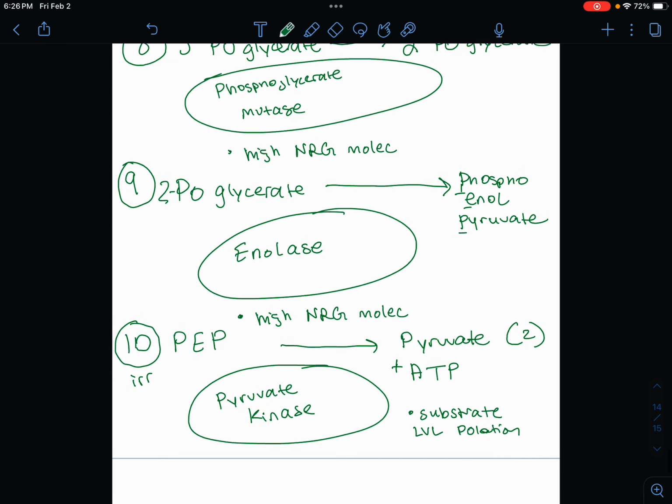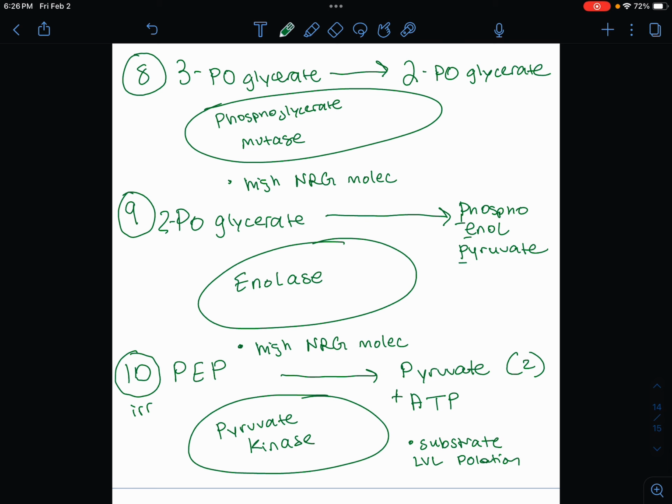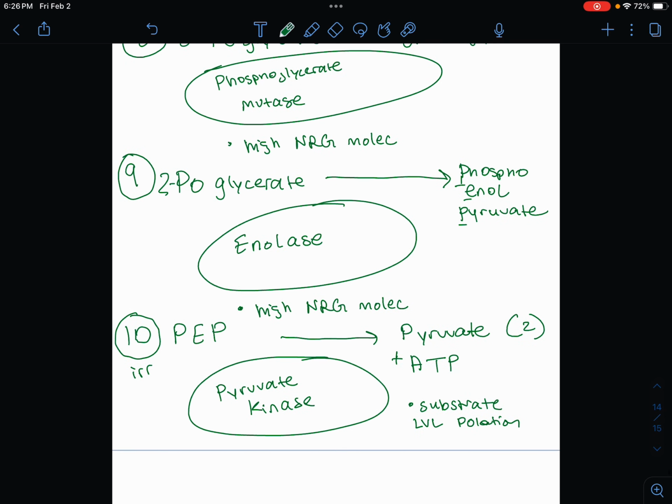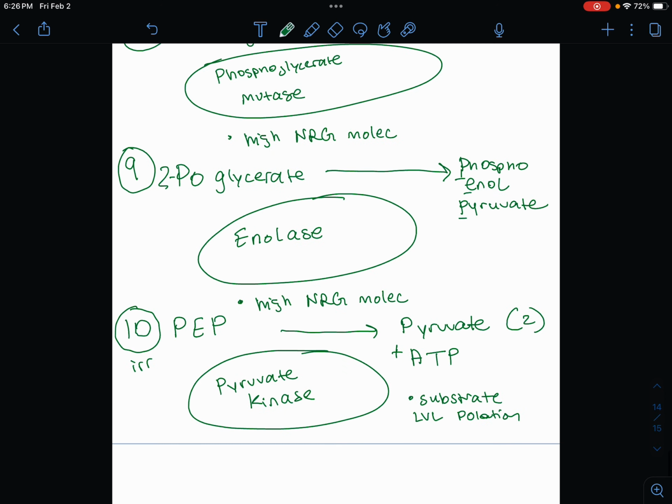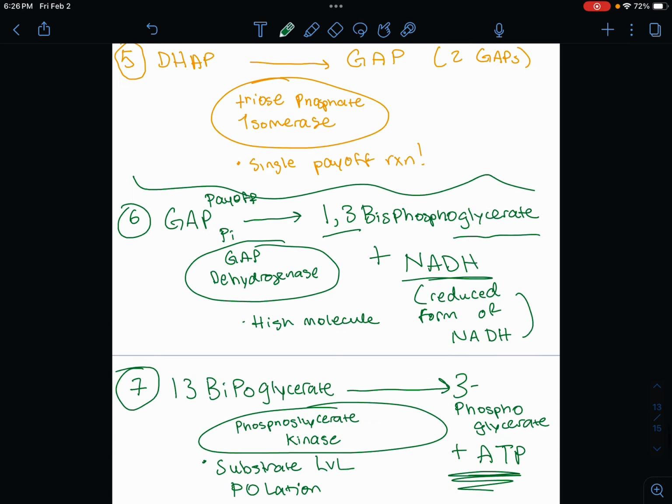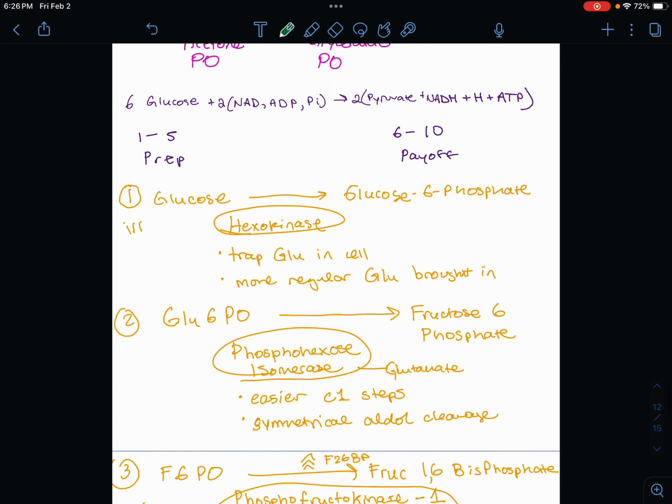And we got through all the steps. We got to our end here. We also have tautomerization in step 10, but main point, substrate level phosphorylation. We made our final bit of ATP, and we got through glycolysis.